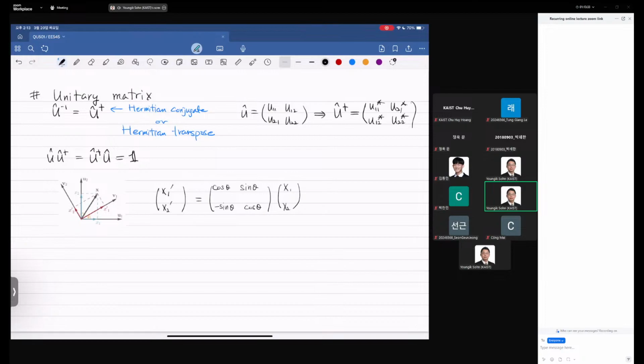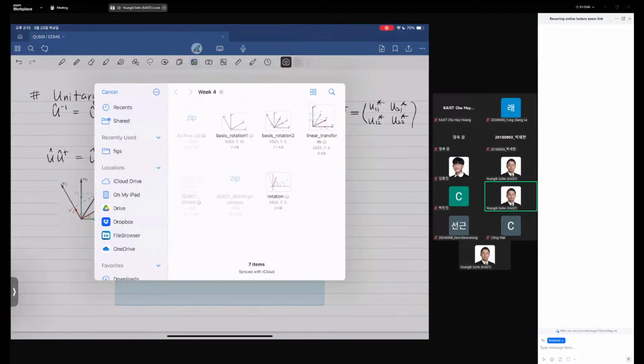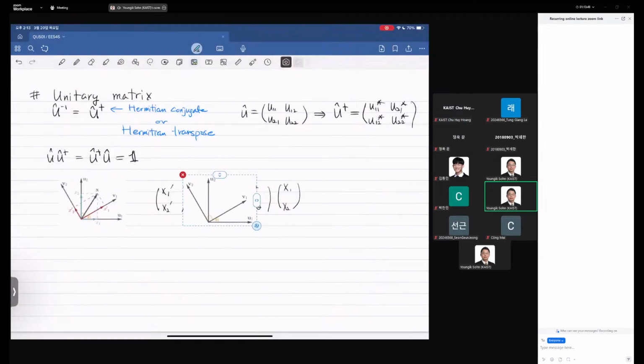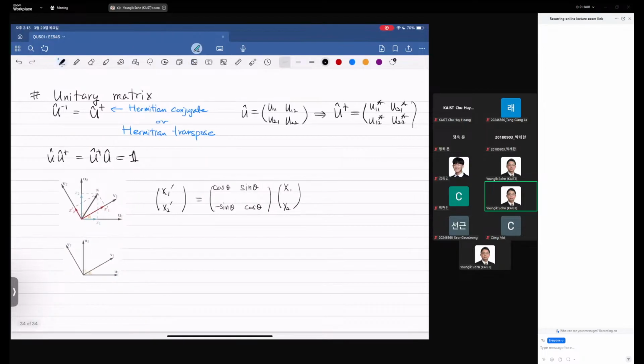Another thing is rotation. Rotation has another example, conceptually, which is this one. They're different, okay? It seems the same, but here I want to talk about the concept of the vectors v1 and v2, both of these vectors.